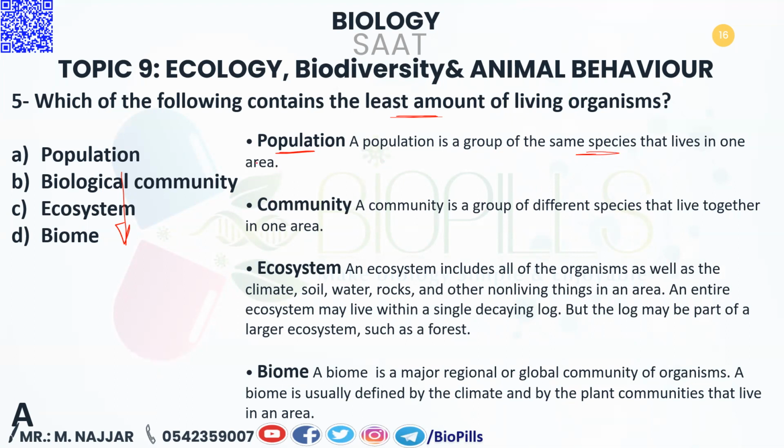Community, different groups of species that live together in one area at the same time. Communities will make ecosystems. An ecosystem includes all of the organisms as well as the abiotic factors. Then different ecosystems make biome. So the basic here in those options is population, then community, then ecosystem, then biome.